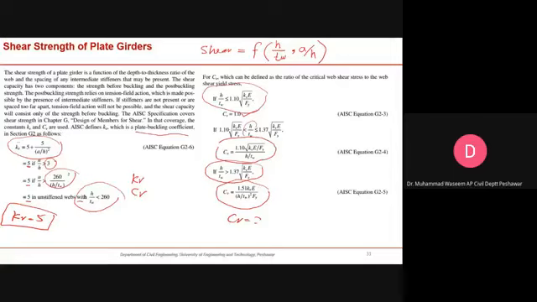The shear capacity in a plate girder has two components: strength before buckling and post-buckling strength. The post-buckling strength relies on a phenomenon called tension field action, which is made possible by the presence of the stiffeners. If stiffeners are not present or are spaced far apart, tension field action will not be possible.